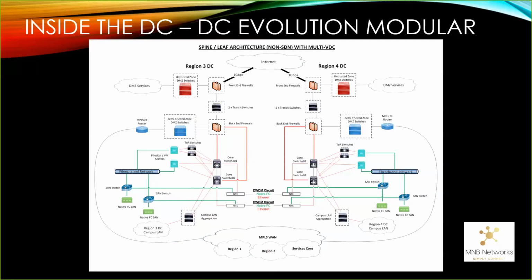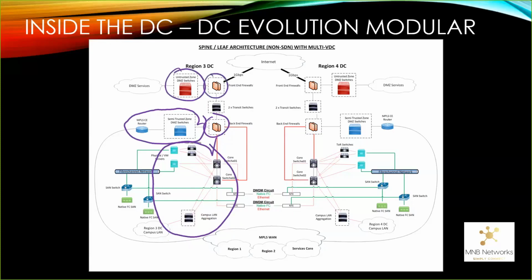We have this back-end data center firewall, and then the data center back-end is one zone, the trusted zone. Then we have the semi-trusted zone, which is the WAN, and then an untrusted zone, which sits outside the front-end firewall.